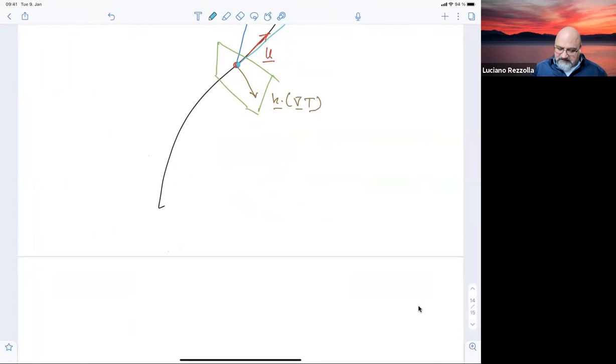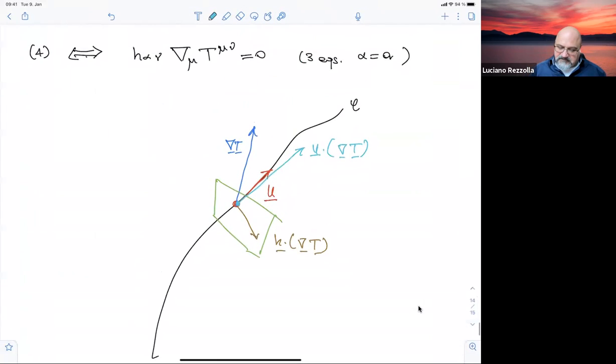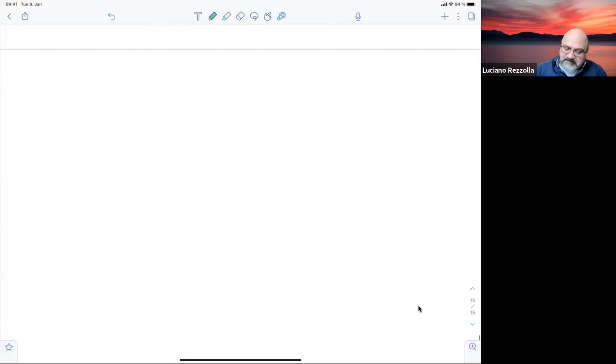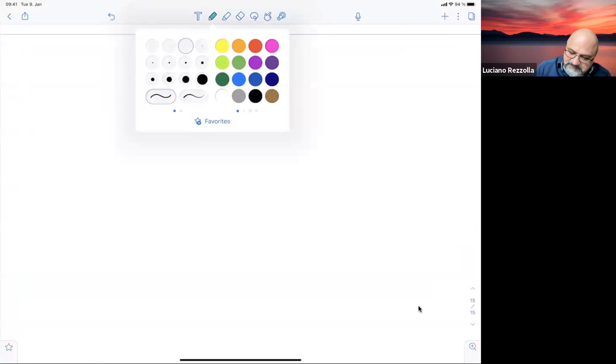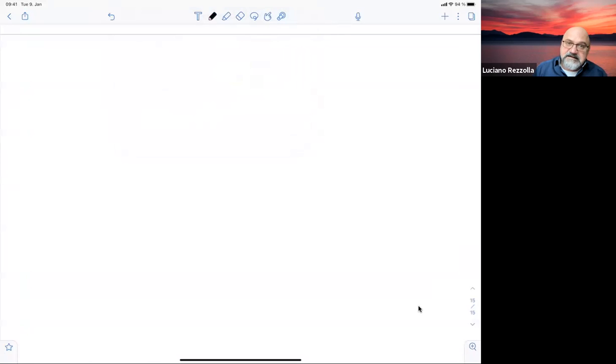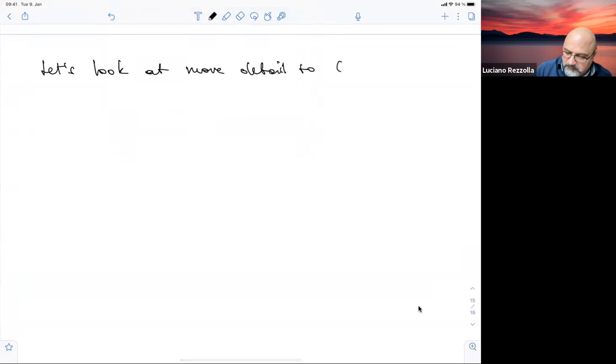Okay, let's continue on this theme of the hydrodynamic equations, and let's look in a bit more detail at these equations. So let's look in more detail at equation 1, which, if you remember, is ∇_μ J^μ = 0, which means u^μ ∇_μ ρ + ρ ∇_μ u^μ = 0.